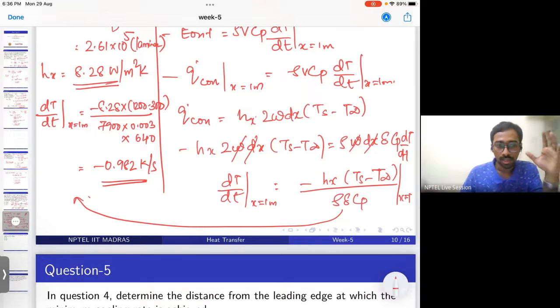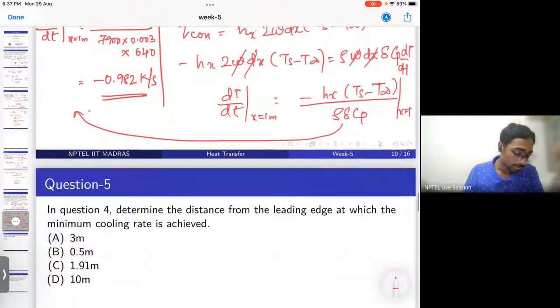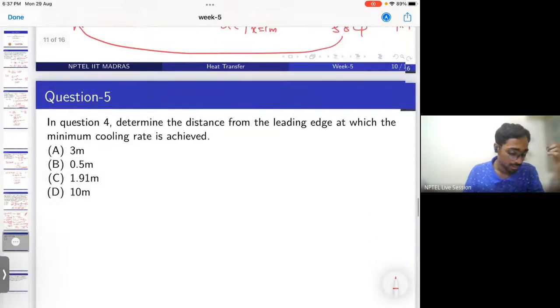But please try to understand the applicability of the question, whether we need to consider both the surfaces or not. Based on the situation, you need to check whether we need to take heat transfer from both sides, unless it is specified.